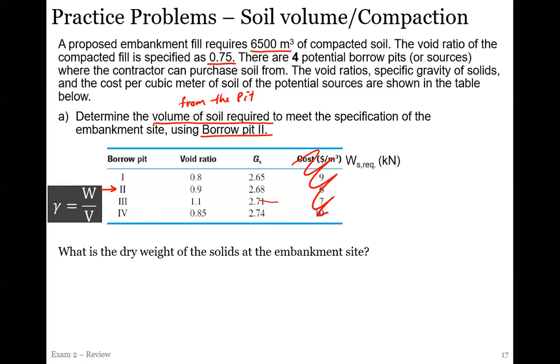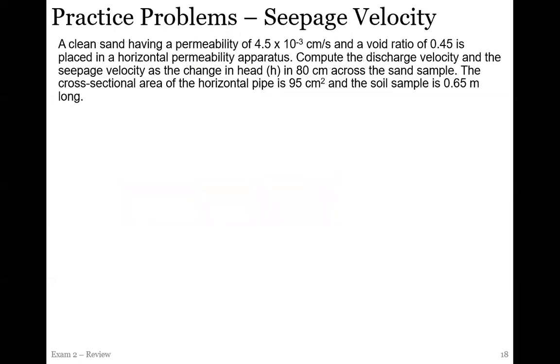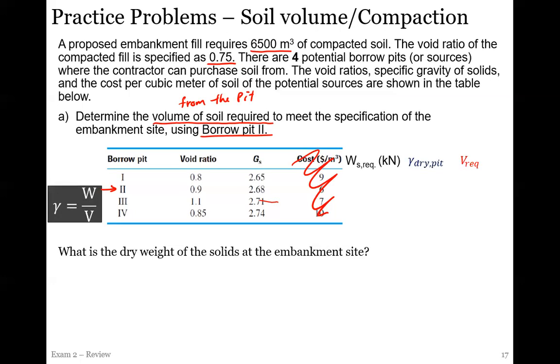So for that, our weight of soil that is required, I'm just going to put it in kilonewtons, to find that, we can then find our gamma dry and then the volume required. So for that, we need to transform this equation around. So we have the weight of the solid required is equal to the total volume times our dry density.